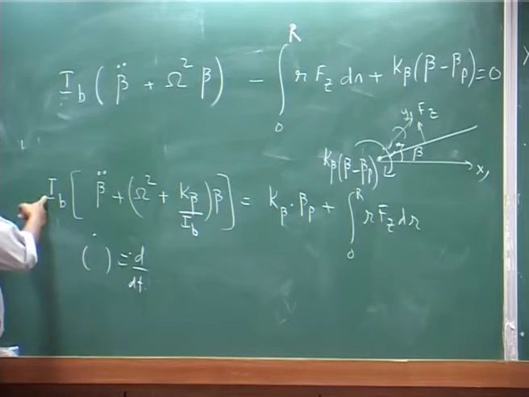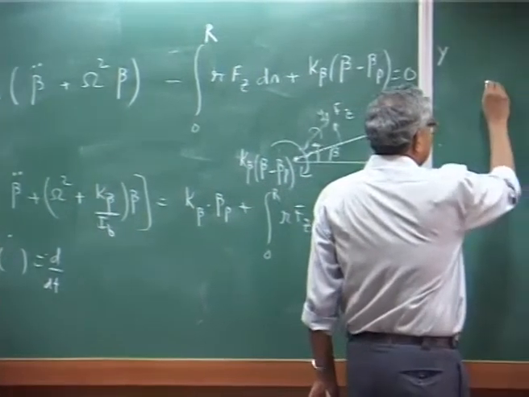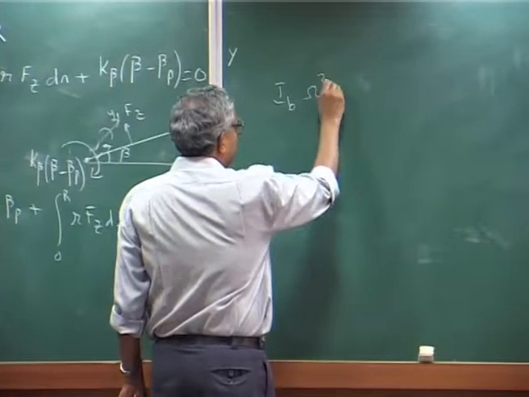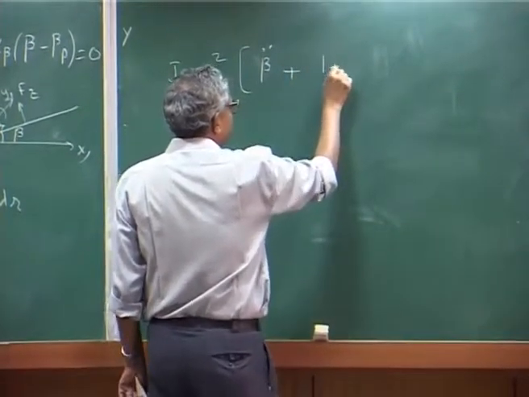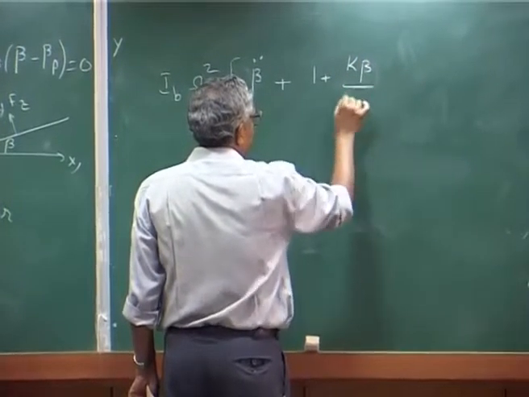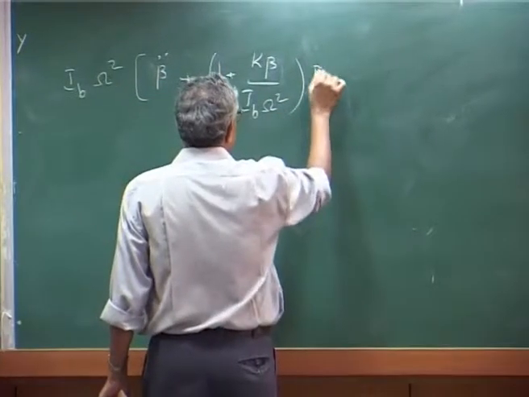So, when I take out the omega square, I_b omega square beta double dot plus 1 plus I_b omega square into beta.